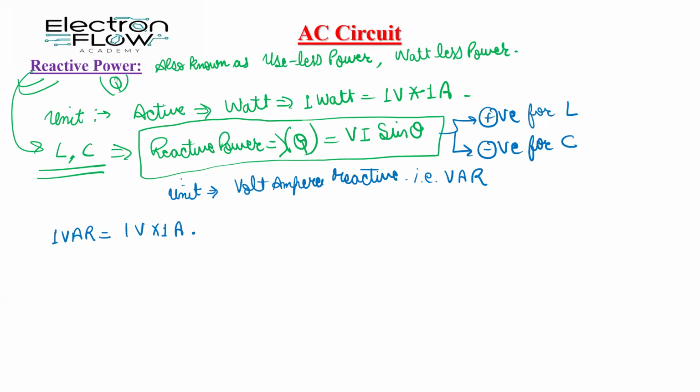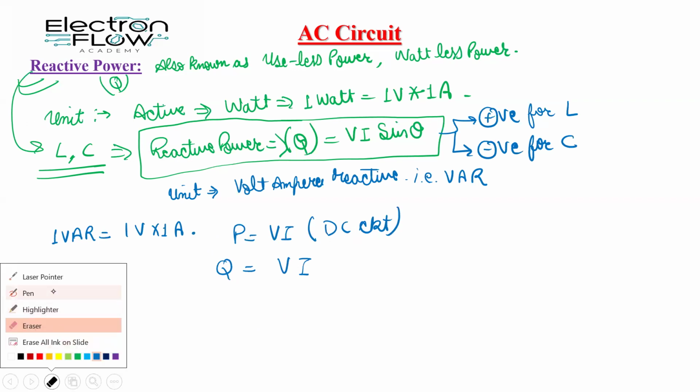The formula for power is P equal to VI for DC circuits, and Q is equal to VI sin theta for AC circuits.